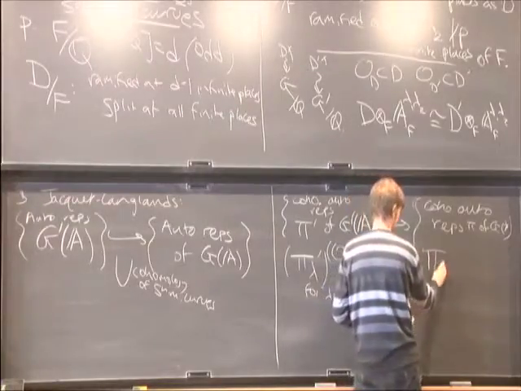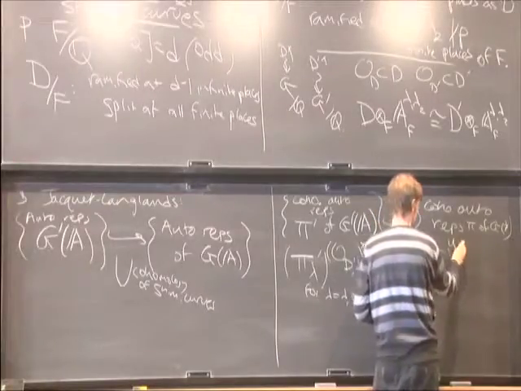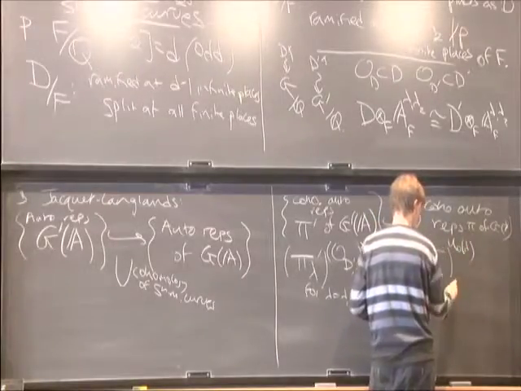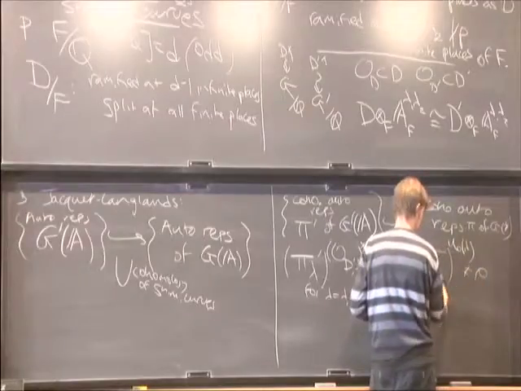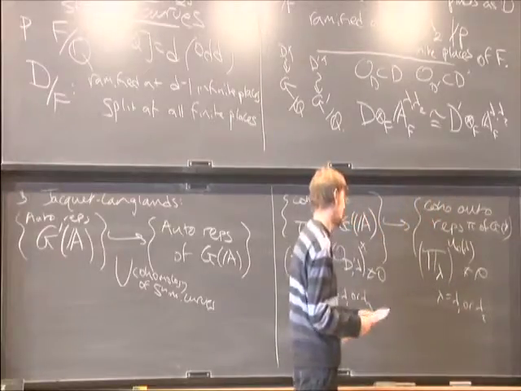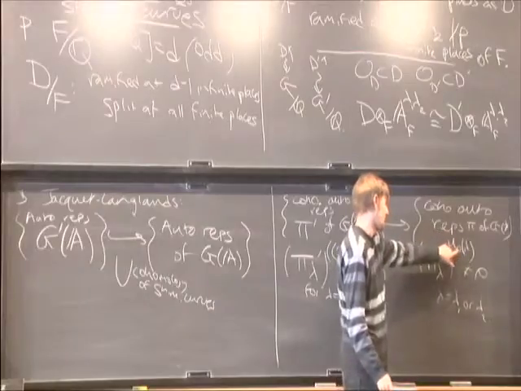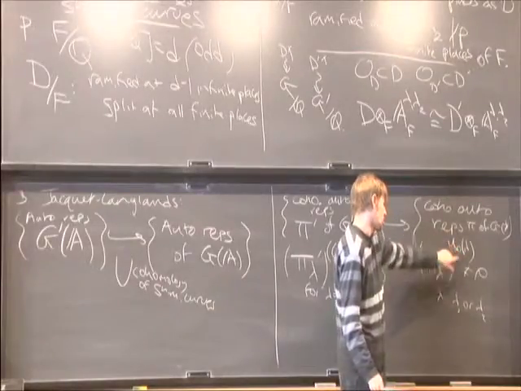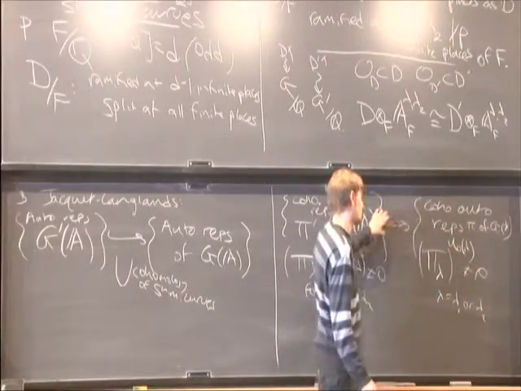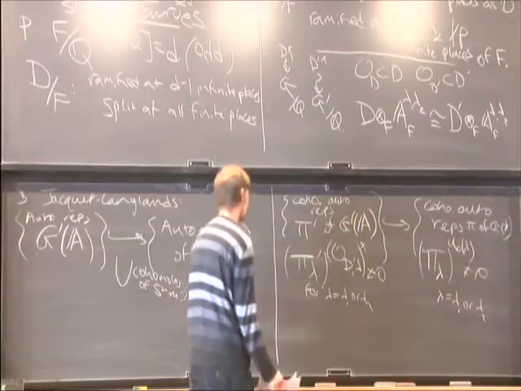So pi lambda has fixed vectors under U naught lambda for lambda equals lambda 1 or lambda 2. And if we just restrict to the automorphic representations here which have one-dimensional invariants under these Iwahori level groups, then this will actually be a bijection. And we'll be looking at lambda-new things over here.